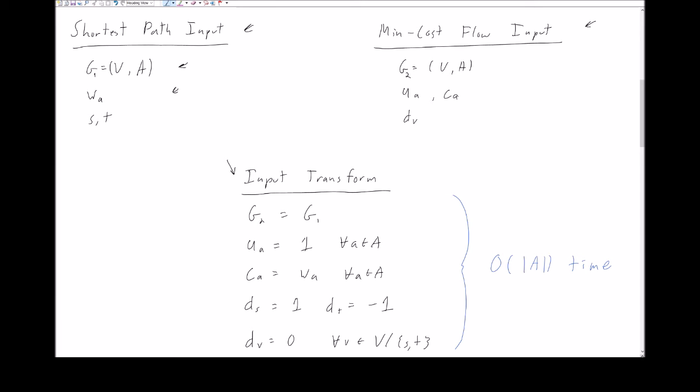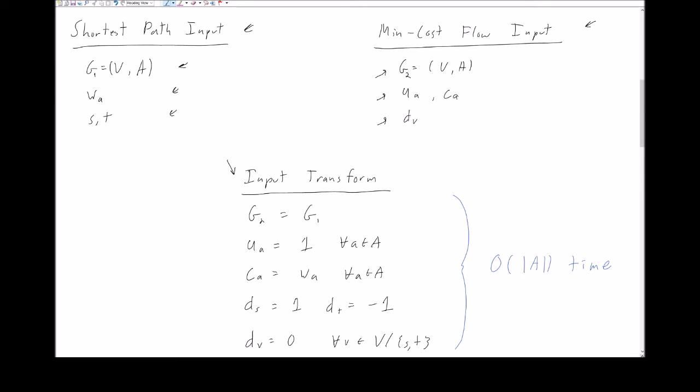We're also identifying two particular nodes, S and T, that are the start and the end of our shortest path. In the min-cost flow input, we're given a graph. We're given a capacity and a cost for every arc in this graph, and we're given a demand for every node in this graph.